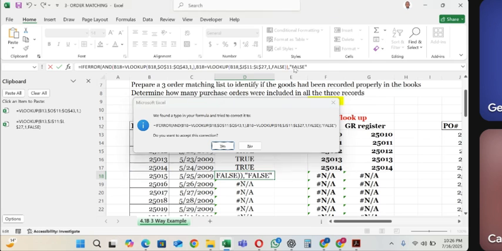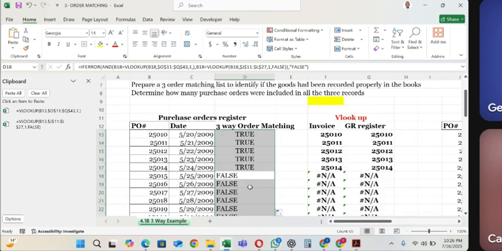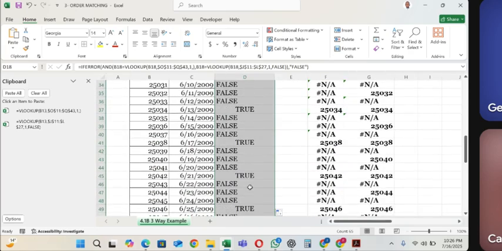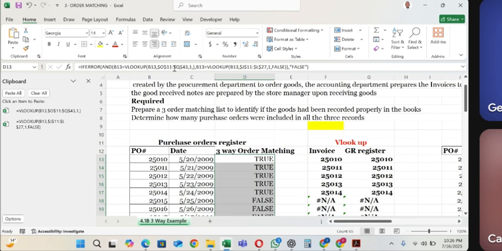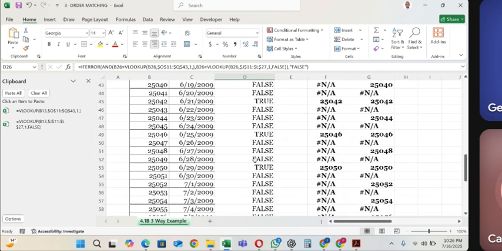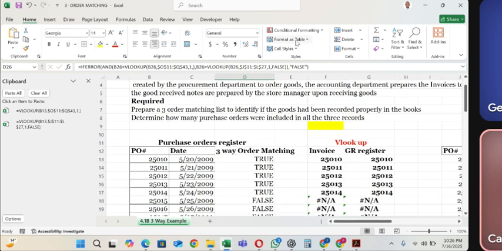Imekuletea true and not applicable. Now, how do we remove this not applicable? Tulisoma place fulani. Tunatumia which function? Replace. If error. Good. So we put if nyuma ya equal sign.